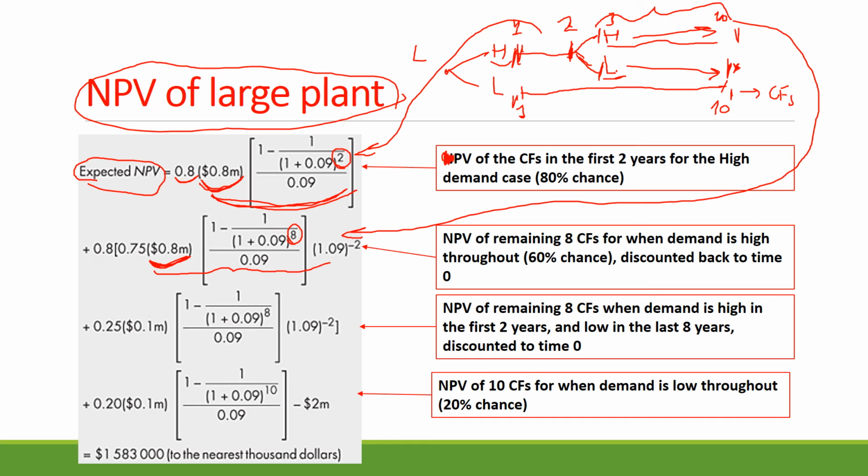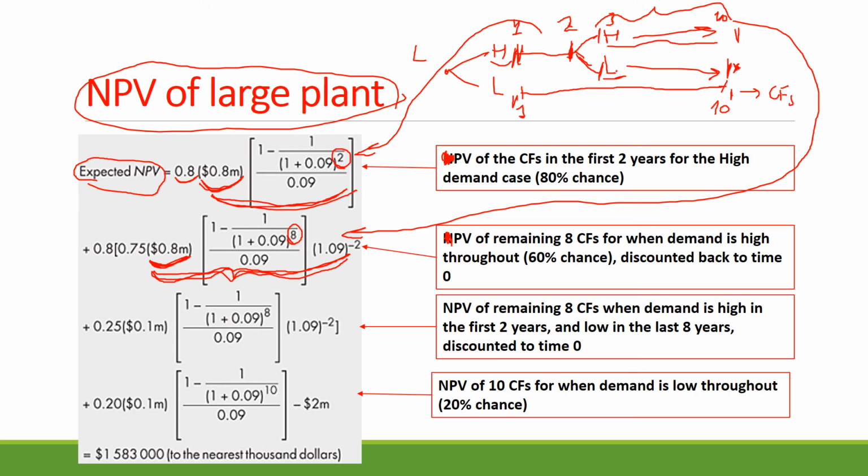So the calculation that we do here is for a deferred annuity, right, where we start in year 3 instead of year 1. Okay. So the formula here gives us the present value of a deferred annuity.